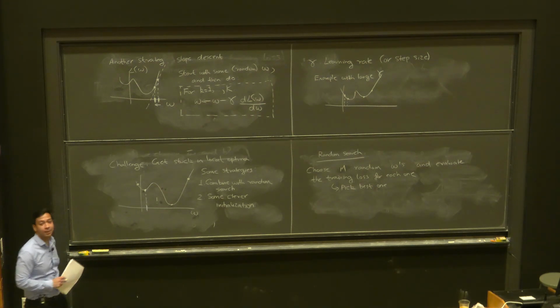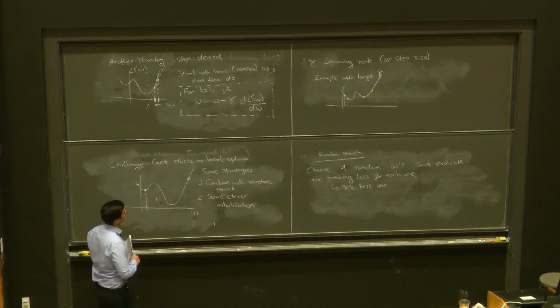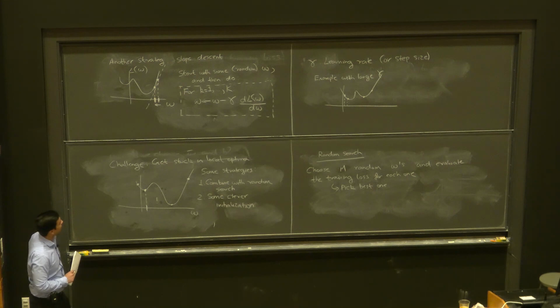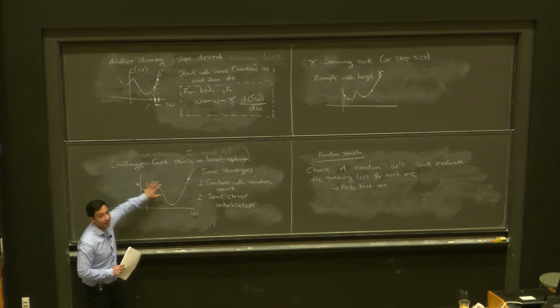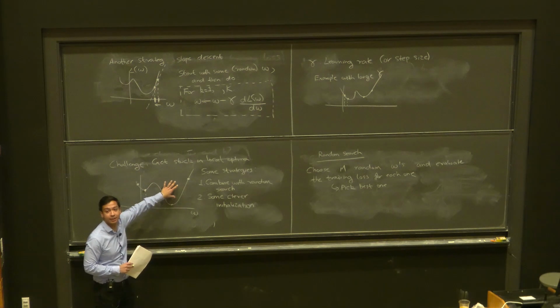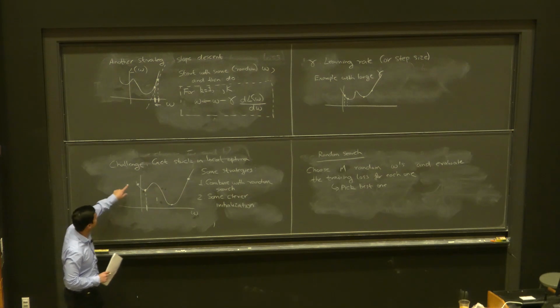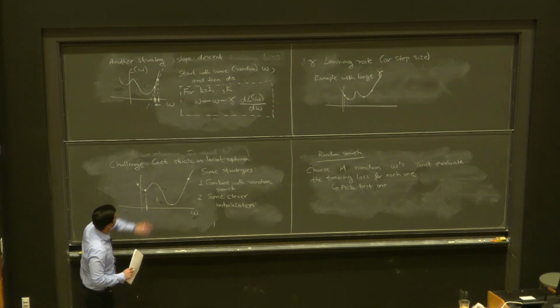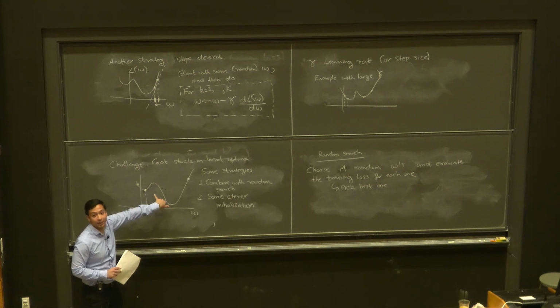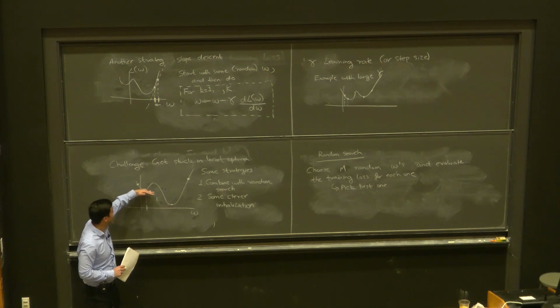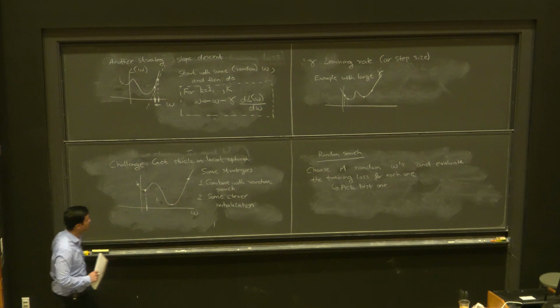And people have some theory around why it's not really a challenge. One theory has to do with the convexity or non-convexity of this loss landscape. This is a non-convex landscape, so it's got multiple local minima, and the local minima are pretty different from each other. So this minimum is pretty different from this one.